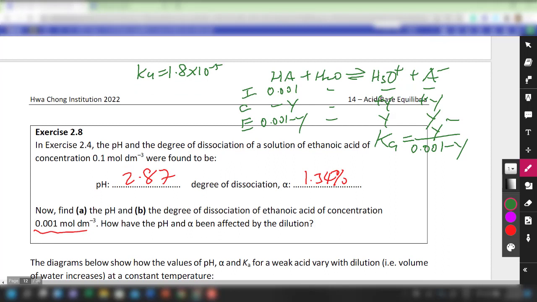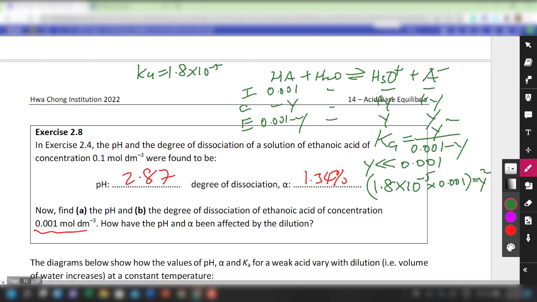Again, we'll make the assumption that the extent of ionization is much lesser than 0.001. So from here, 1.8 times 10 to the power minus 5 multiplied by 0.001 is equal to y squared.